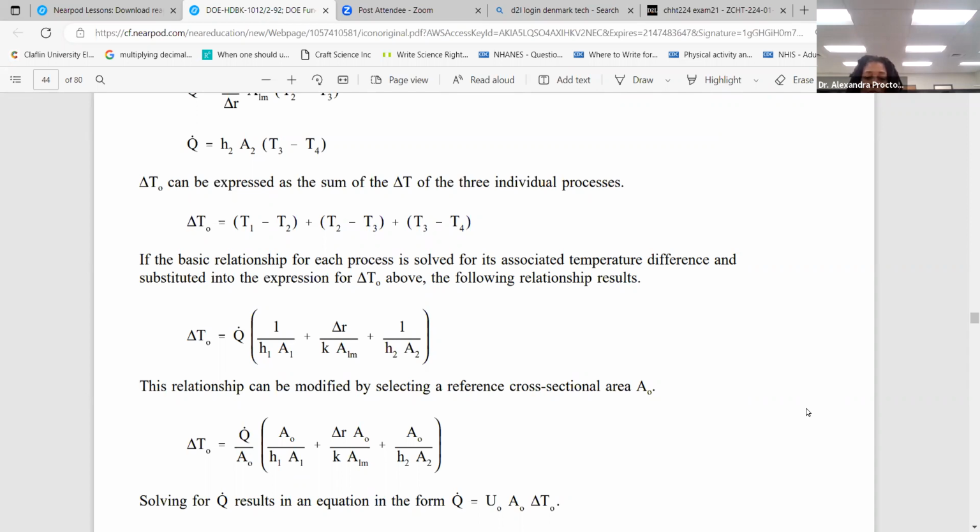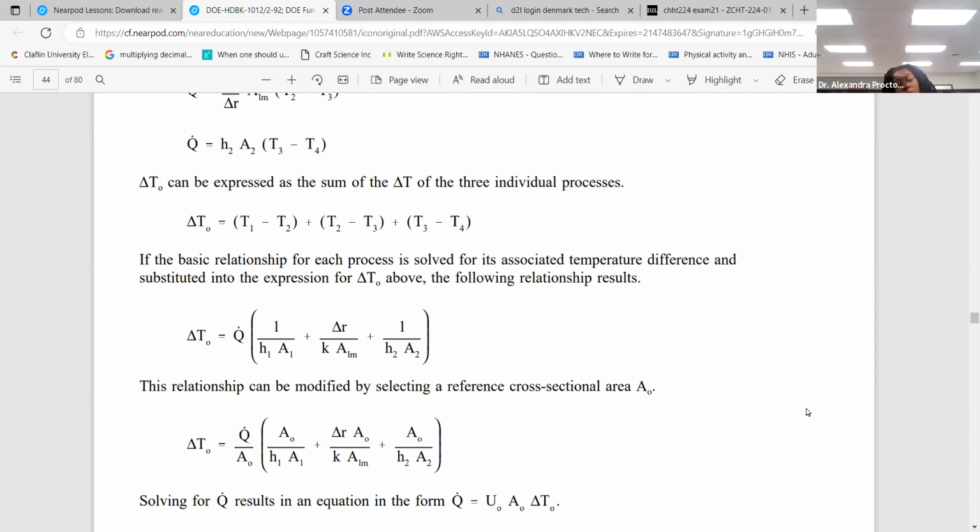This relationship is modified by selecting the reference cross-sectional area. So delta T is equal to Q over A, multiplied by (A divided by H1A1, plus delta R A divided by K A sub LM, plus A divided by H2A2).